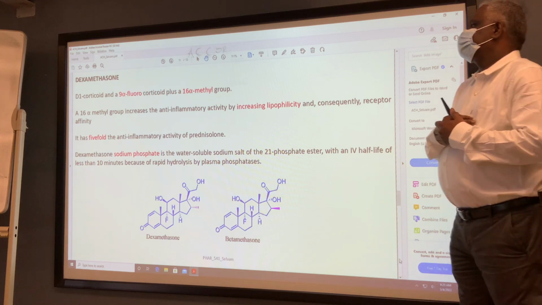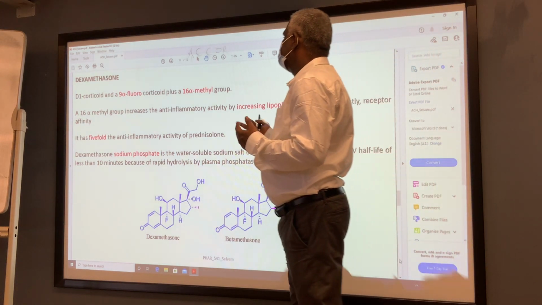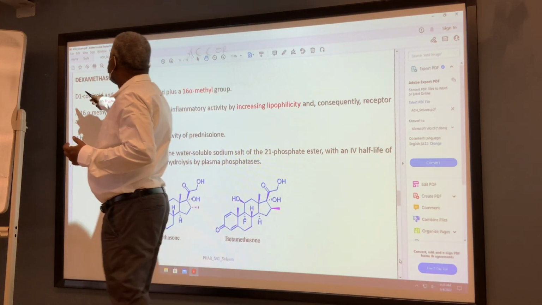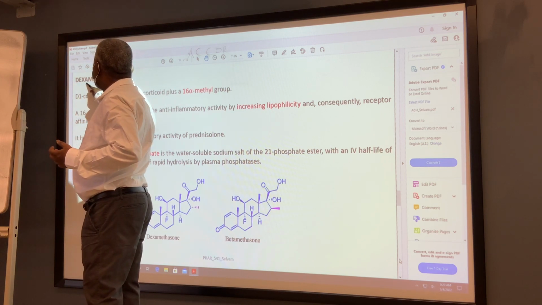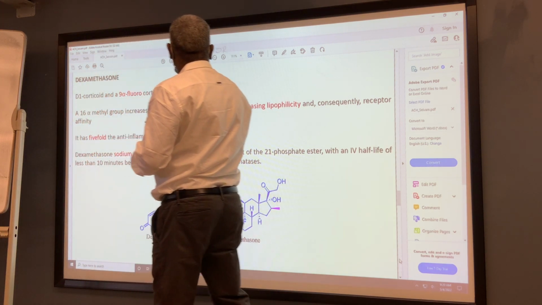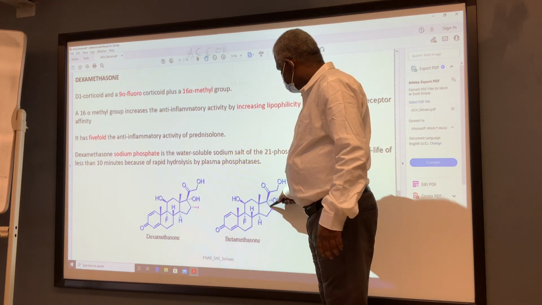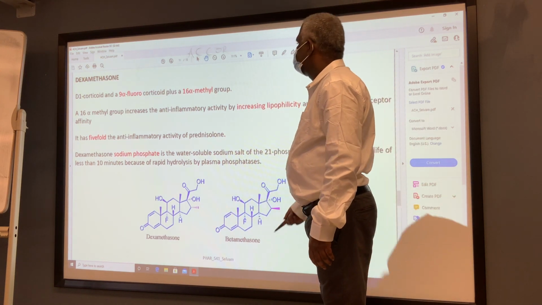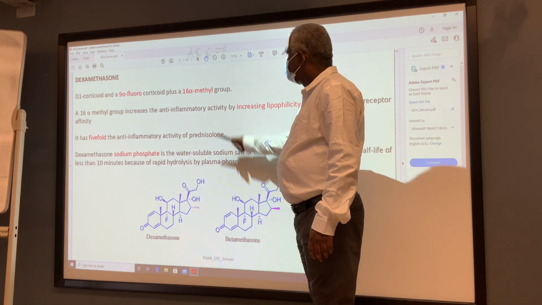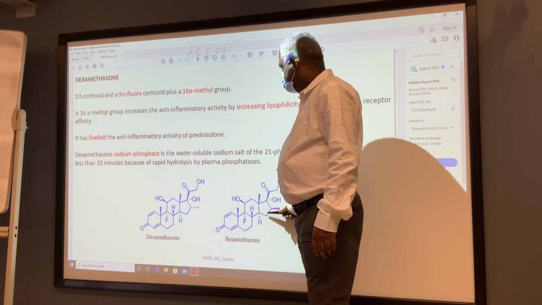Dexamethasone is a compound that has an additional methyl group compared to prednisolone. Additionally, there is a methyl group at carbon number 16, an alpha methyl group at carbon number 16.